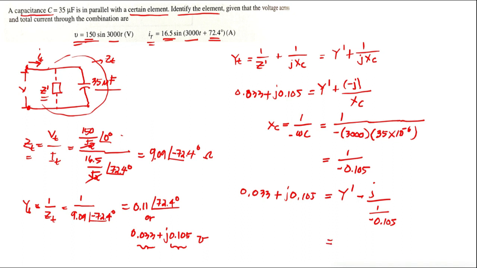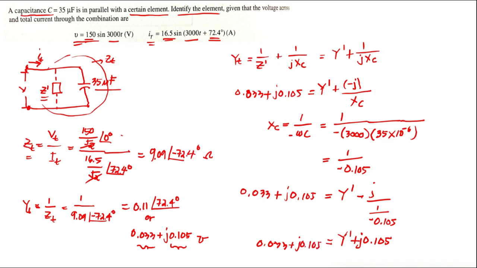Therefore y prime here, this becomes positive, and you divide this by negative 1 over negative 0.105, the result is 0.105, and this is positive j. So you'll notice that 0.033 plus j 0.105 is equated.